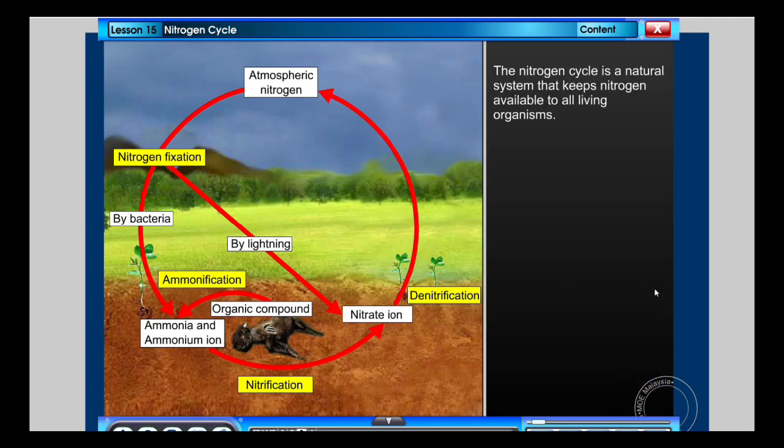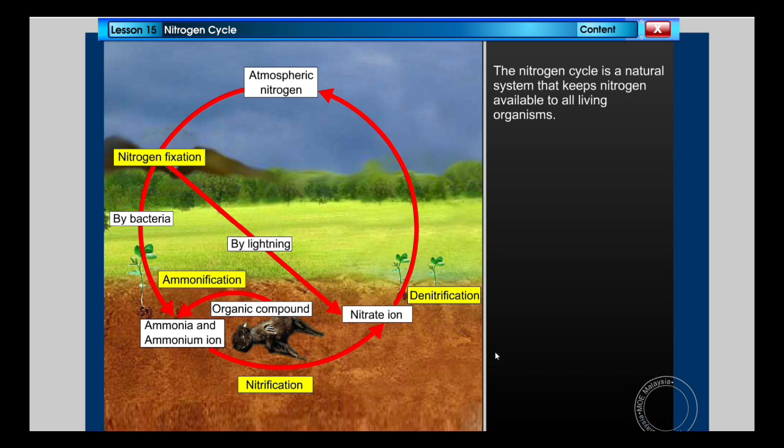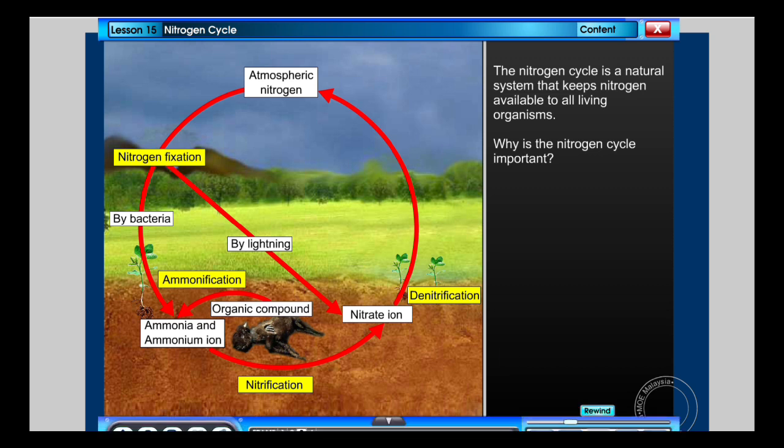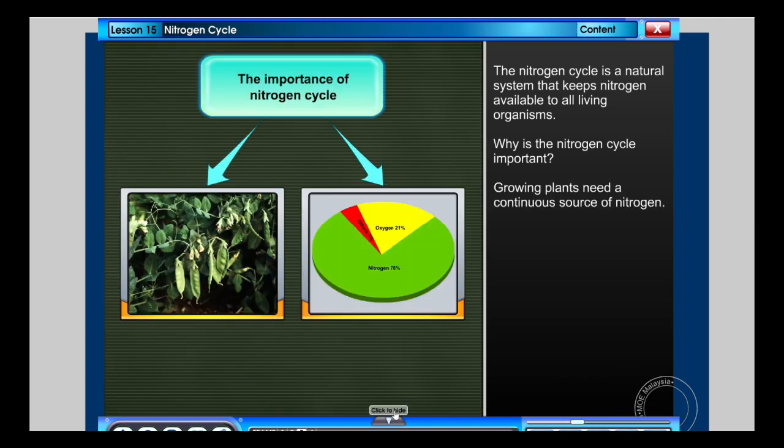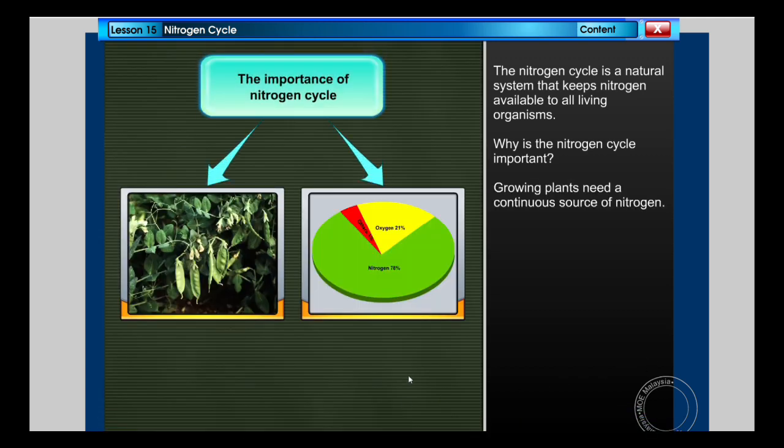The nitrogen cycle is a natural system that keeps nitrogen available to all living organisms. Why is the nitrogen cycle important? Growing plants need a continuous source of nitrogen.